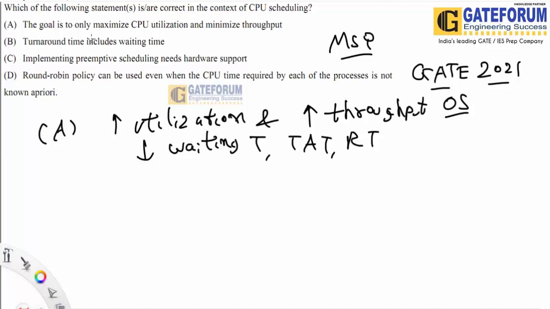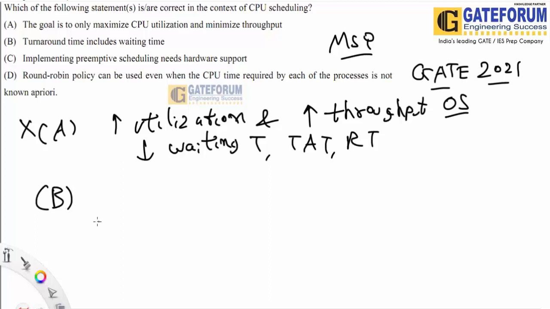So saying only to maximize CPU utilization and minimize throughput is wrong. First of all, it is to increase the throughput, and second, we also have to reduce the waiting time, turnaround time, and response time. So to understand, we need to increase the utilization, increase the throughput, and reduce the waiting time, turnaround time, and response time. So option A is not correct.